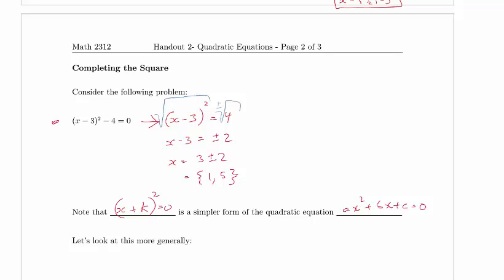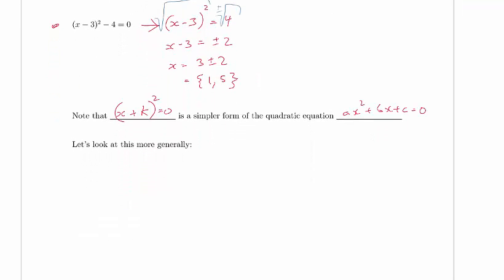So let's take a look at these things more generally. We've got ax squared plus bx plus c equals 0, right? This is what we have. But what we want is something that looks like this: x plus some constant quantity squared, and we want that to equal just some number.